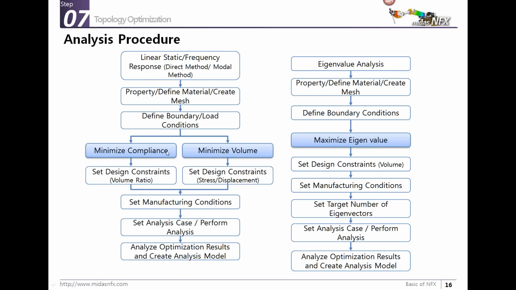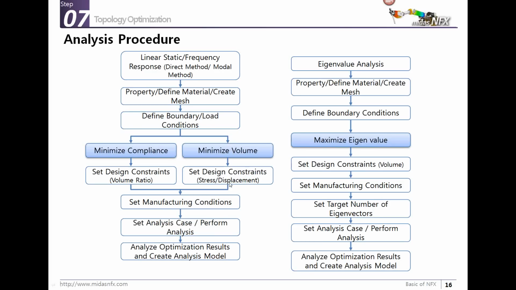And then you have to choose between the minimum compliance, so to minimize the compliance, or minimize the volume. So if you minimize the compliance, you have to set the volume ratio as the design constraint. So you have to choose what is the maximum volume ratio that I want to have. And then if you minimize the volume, then what you will set is the stress and displacement.